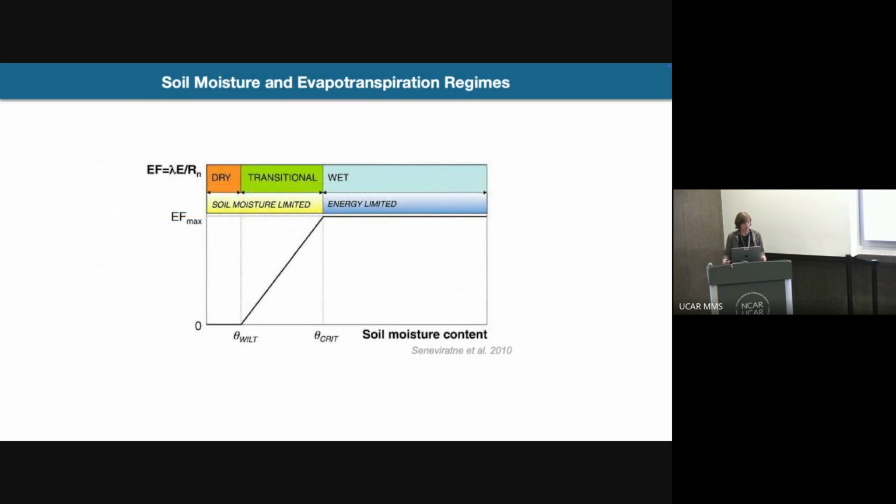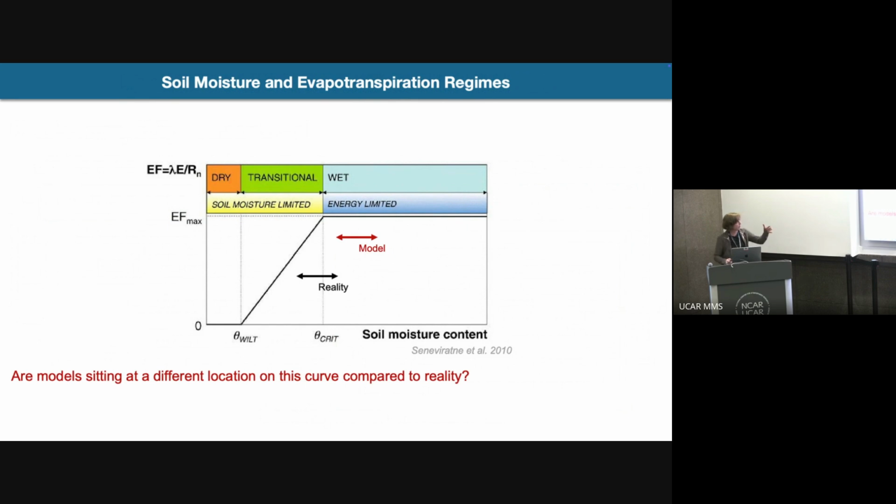So here's the traditional picture of soil moisture and evapotranspiration regimes that I think everyone here is probably familiar with. We've got our energy limited regimes, where it doesn't matter too much how much soil moisture you have. But then you have your transitional regimes, where it matters a lot for evaporative fraction how much soil moisture you actually have.